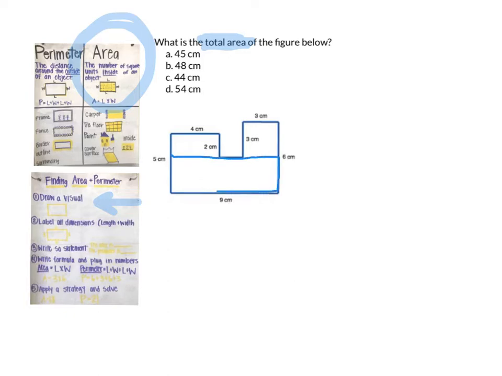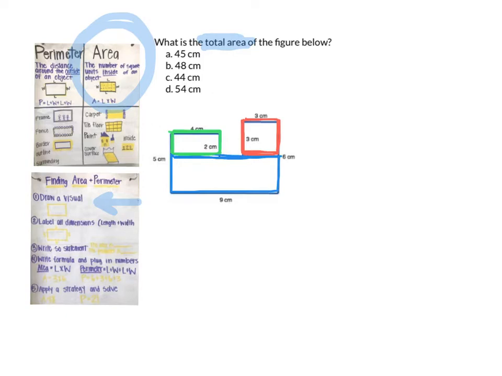I see a rectangle here. I've got a square here. And I've got another rectangle here.